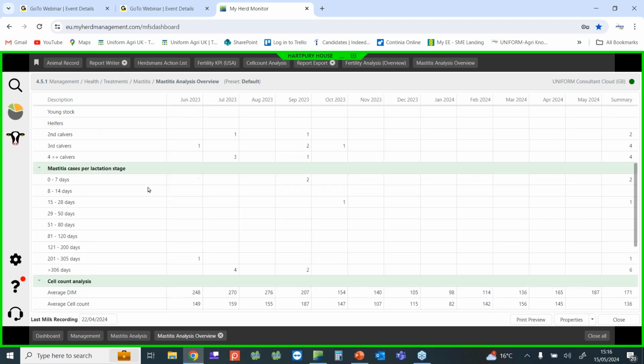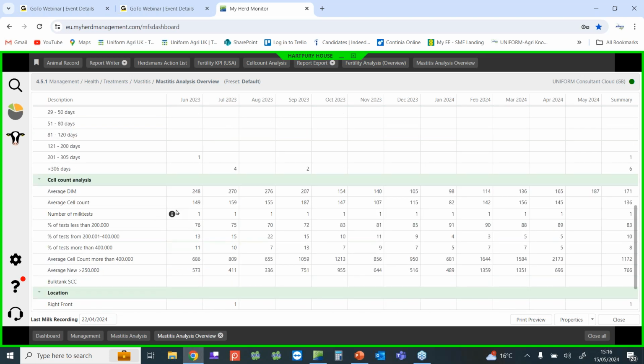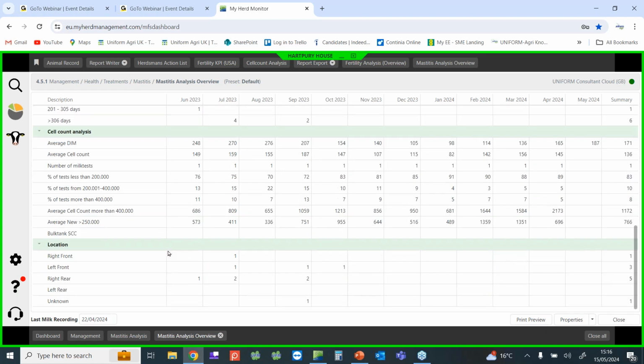And then again, as I scroll down, cases by stage of lactation and bringing in the cell count. So what does the cell count look like compared to the mastitis cases, which previously we've had to draw out from 2 different places. So it's really about bringing that information together in a handy format. And all of these reports, you can print preview down here. You can download from the cloud into a report as well as a PDF.